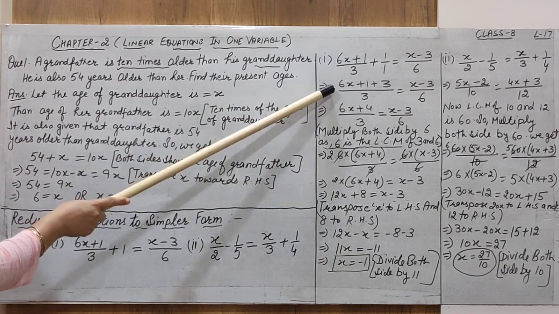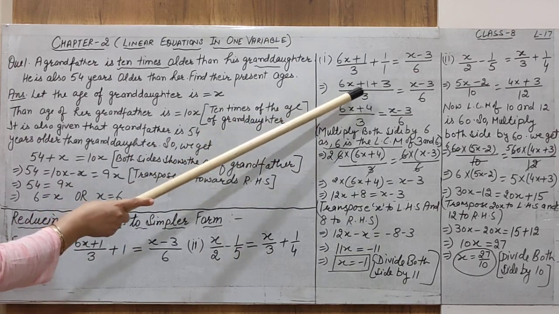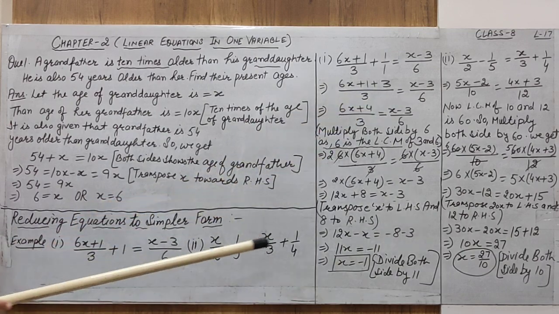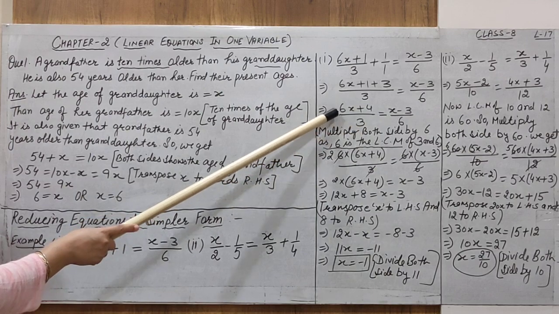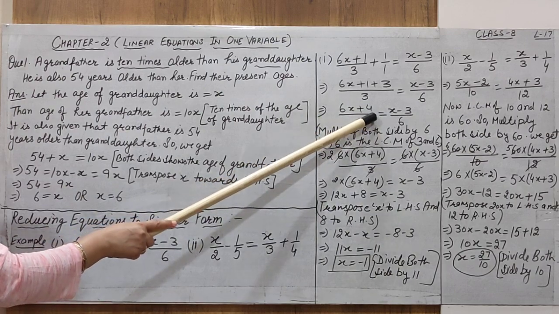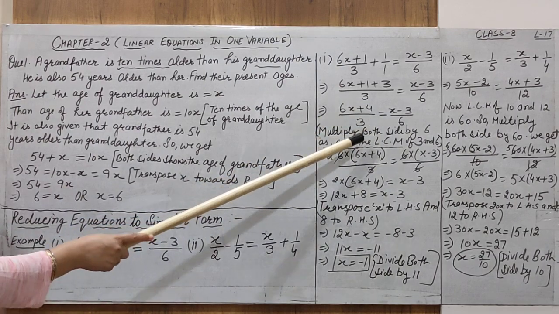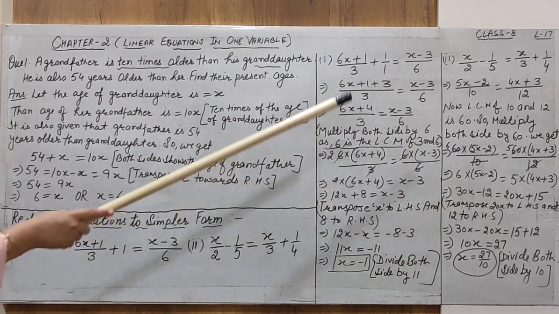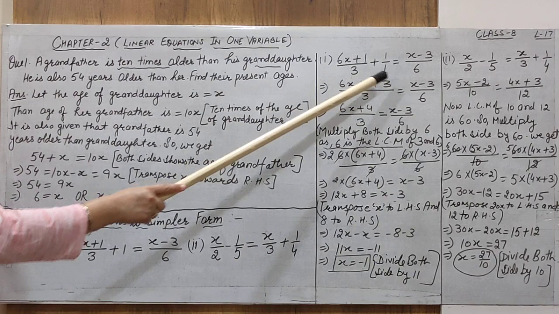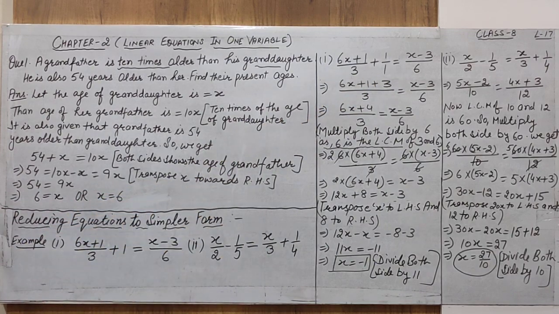Okay. Next process, 6x plus 1 is added to 3 because both are the constant. So total is 4. So 6x plus 4 is the numerator for the left hand side now, and 3 is in the denominator. So we have seen now that all the denominators are compiled for the left hand side.